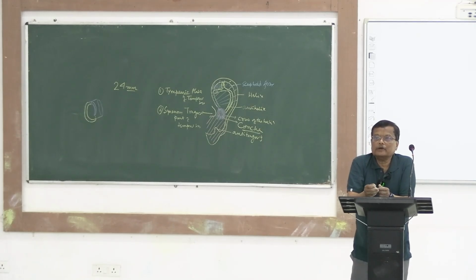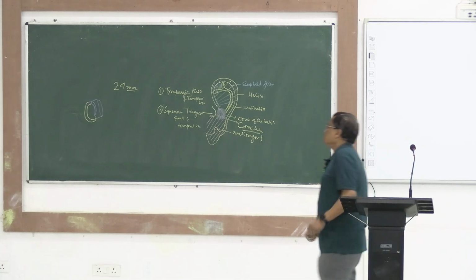So what did we learn? Parts of the external acoustic meatus: pars externa, pars intermedia in between, and pars interna. What are the directions?